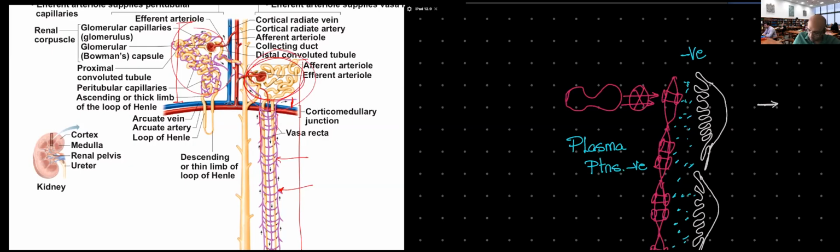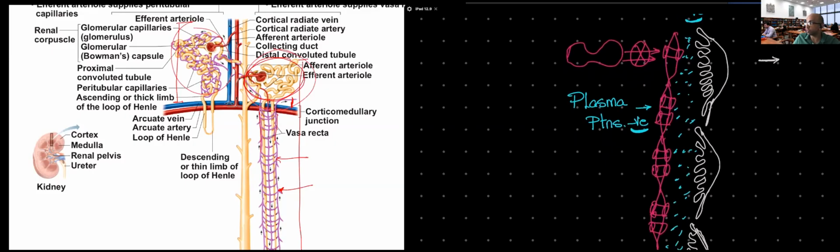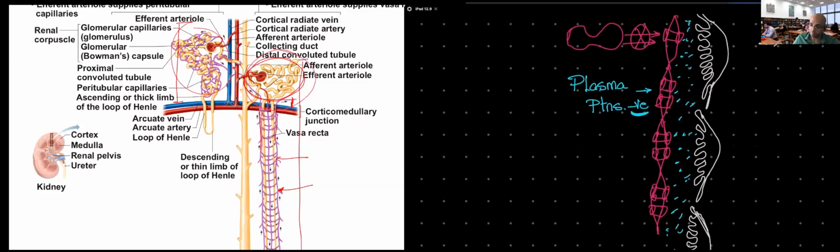You remember, plasma proteins are negatively charged, the same like my gel-like basement membrane. So I've got repulsion between the two. So plasma proteins will fail to get filtered through the filtration membrane.